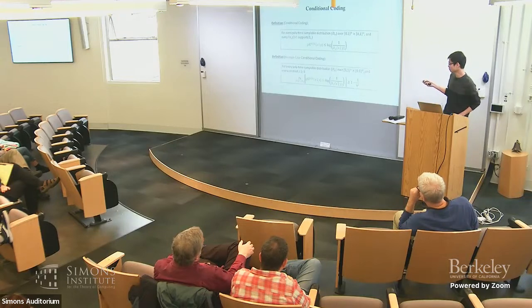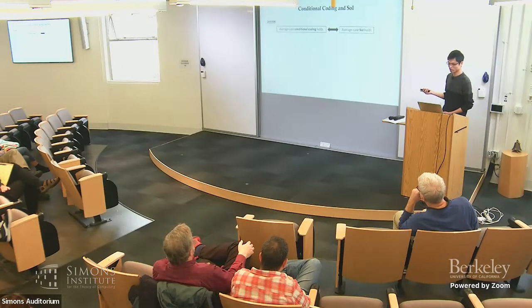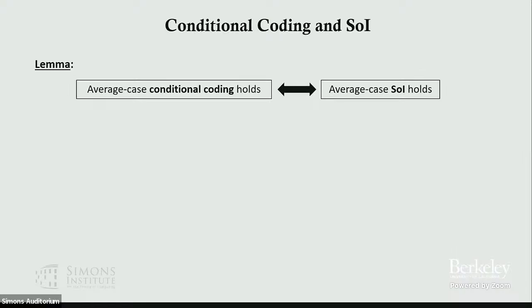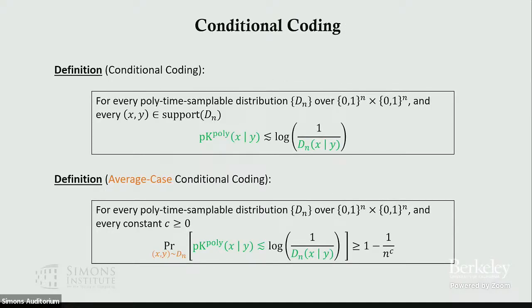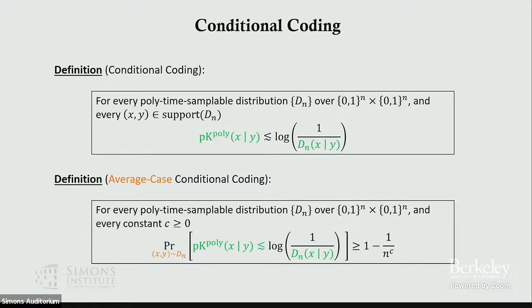Yeah, so this conditional coding. Actually, as I claimed earlier, one-way functions do not exist if and only if average conditional coding holds.